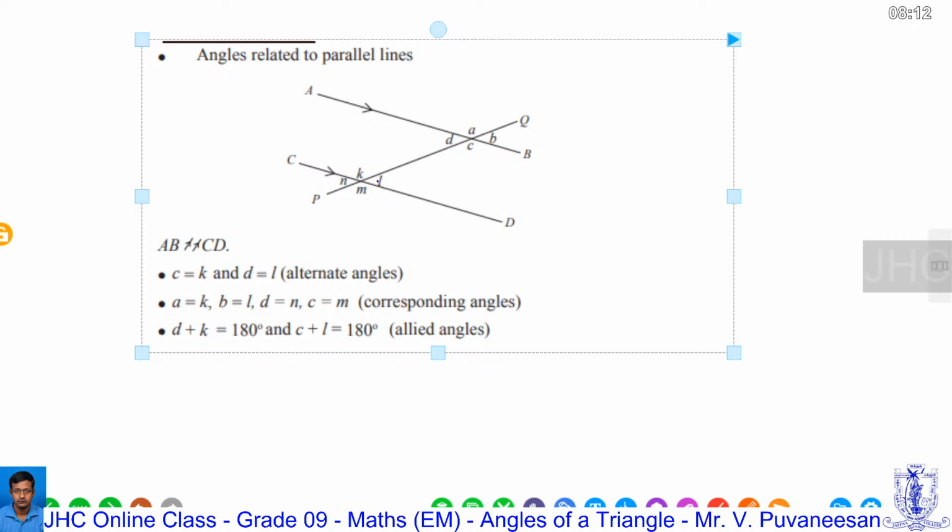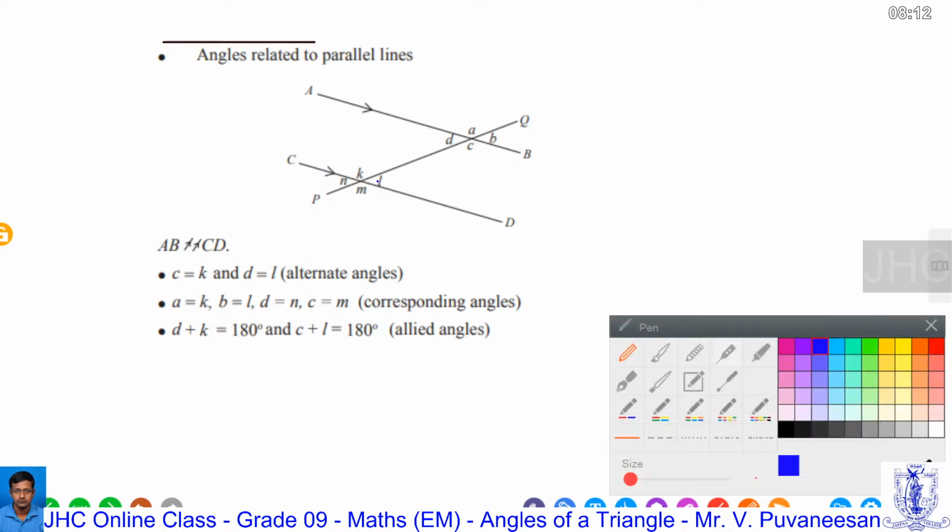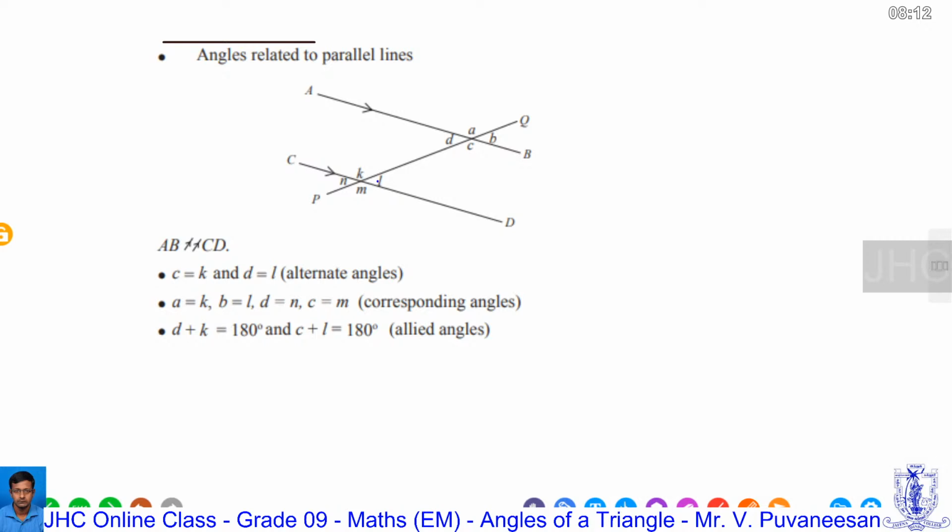We already know, as we studied in the first term, alternate angles. We remember these angles by considering the shape.